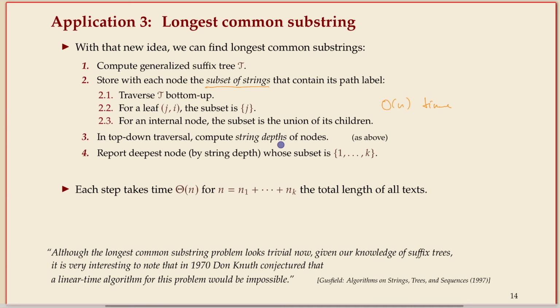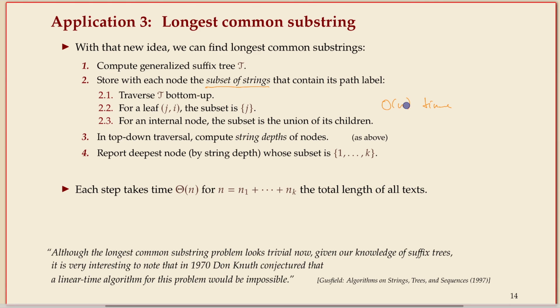Then we also compute the string depths as before. And finally, we report the path to the deepest node in terms of string depth that is annotated with all the strings, so there is a leaf for all the strings below this node. And that means it's a shared substring that occurs in all the strings. Okay.